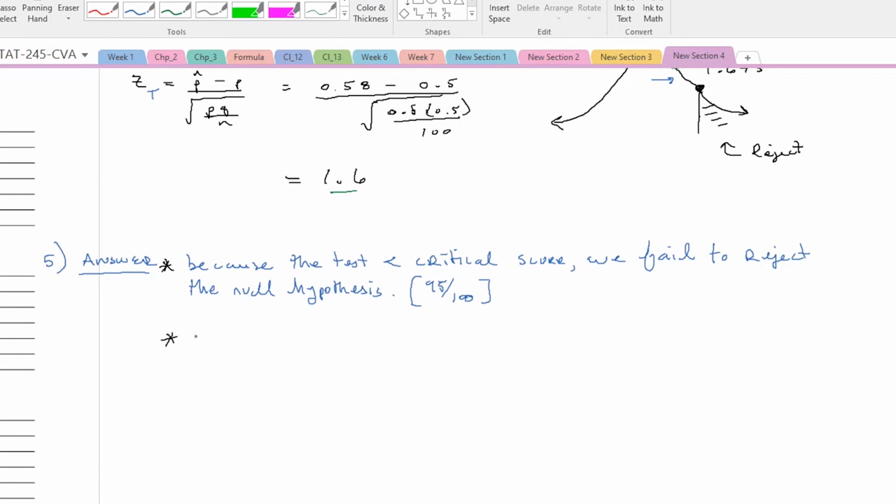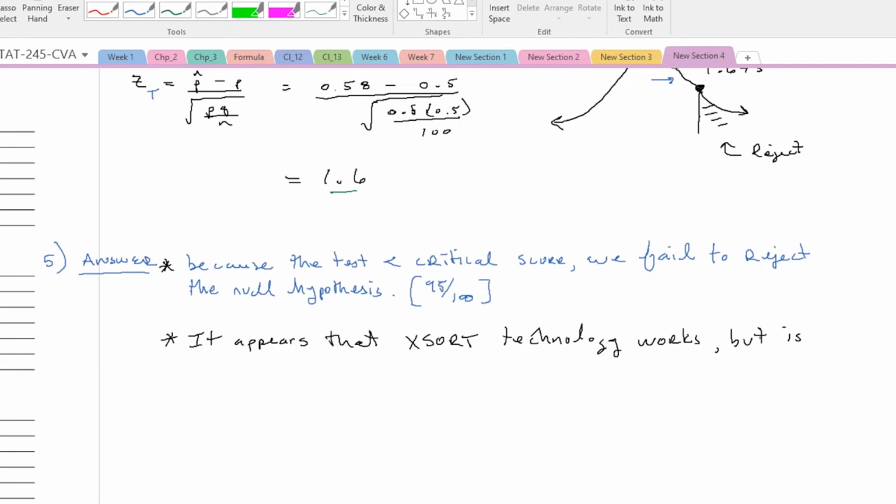What you really want to say is, it appears that the XSort technology works, but we would need to test more, because it does appear that it does work, since you get 58%.